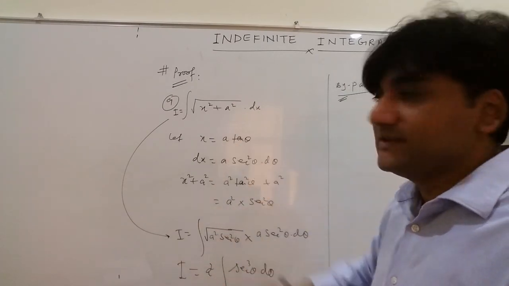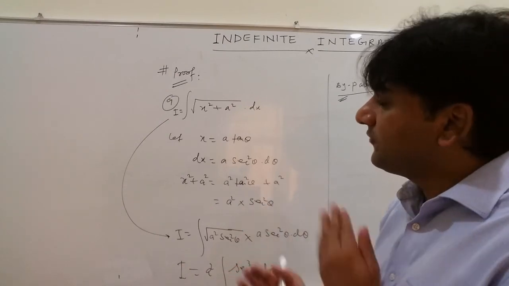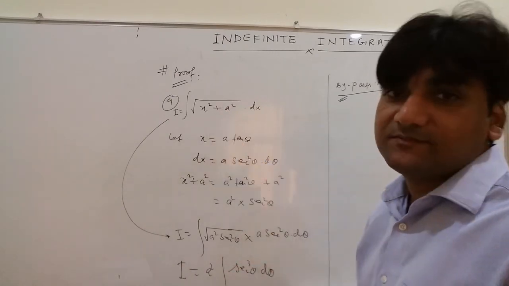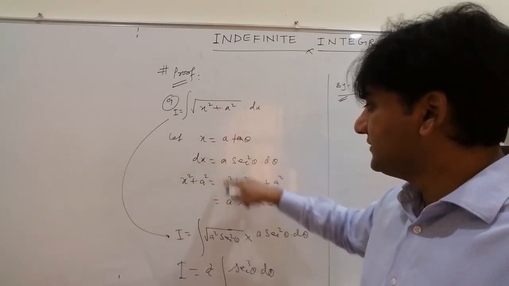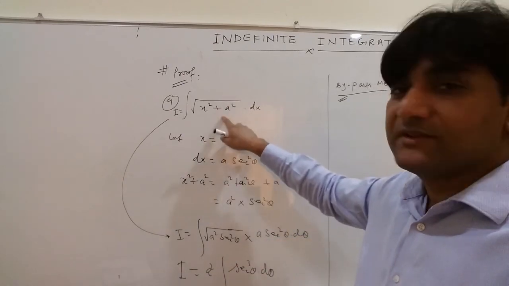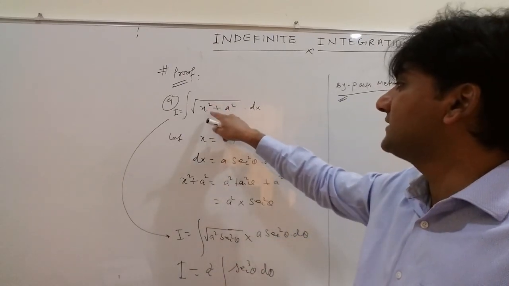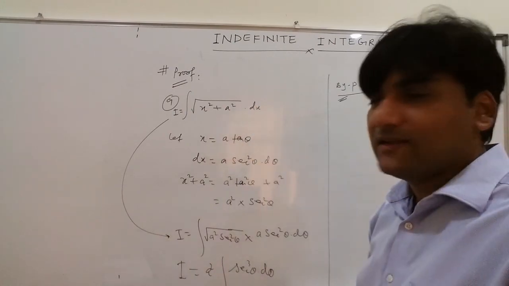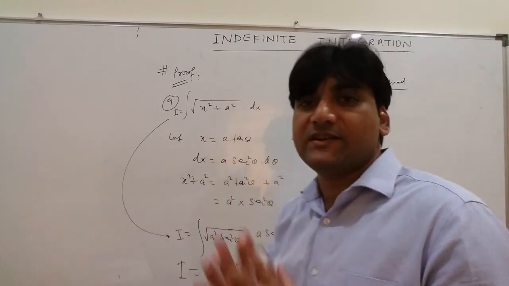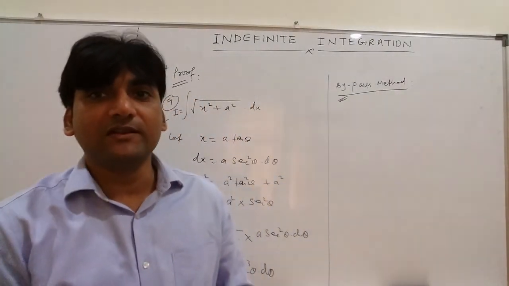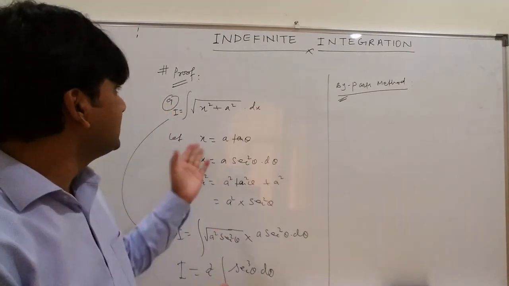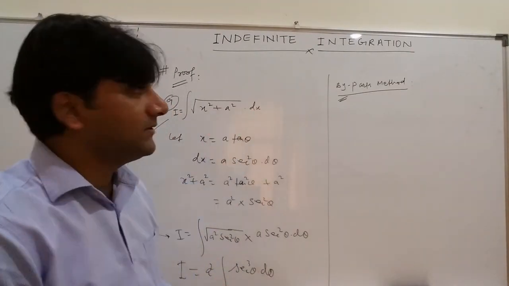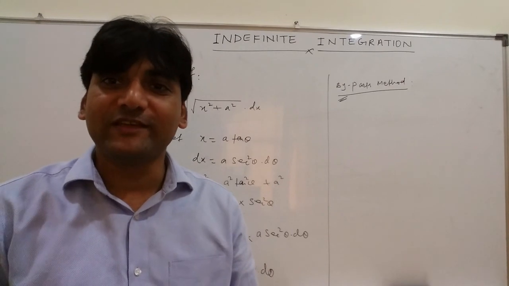If a question comes to integrate this, I am not going to use this one. Directly I will use the by parts method over here, that is root x square plus a square times 1. There is a certain way to solve. So we will see that method and this problem again in the next video. Thank you very much.